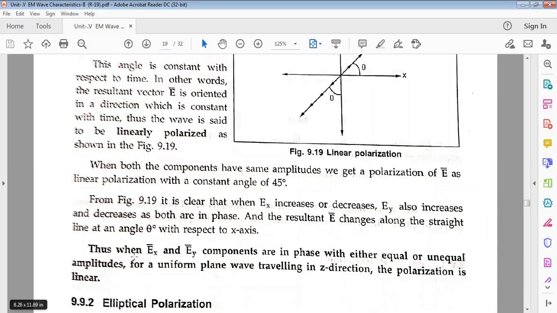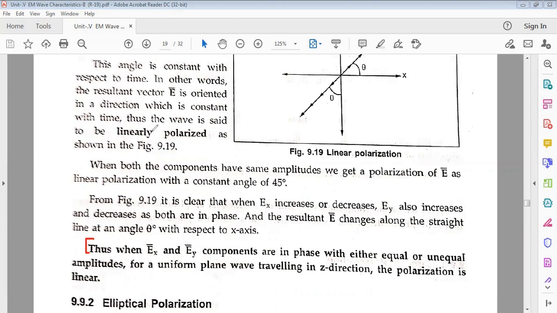Thus, when Ex bar and Ey bar components are in phase with either equal or unequal amplitudes for a uniform plane wave traveling in Z direction, the polarization is linear. You have to write this definition. Or otherwise, the resultant vector E bar is oriented in a direction which is constant with time.